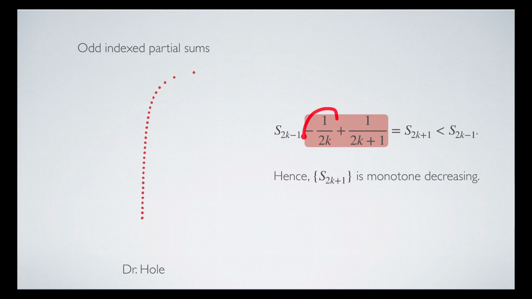Therefore, having a negative on the large guy would result in the sum being negative. So if we're adding a negative quantity to something that we already have in order to produce the next value, then the next value will be smaller than the previous value. Monotone decreasing. Fantastic.